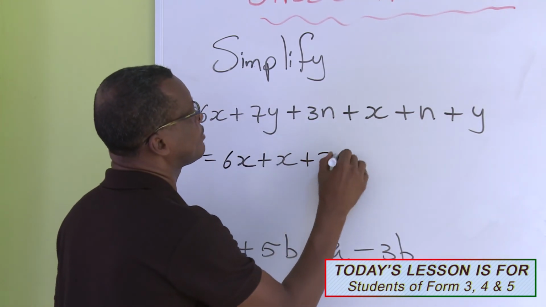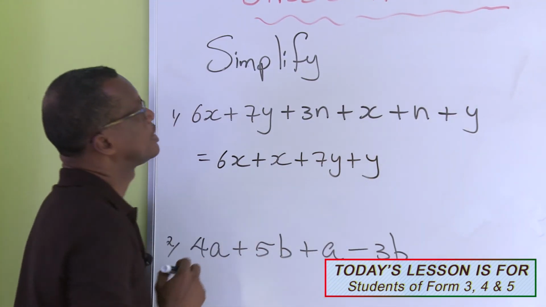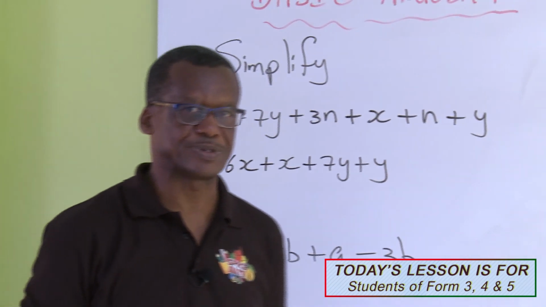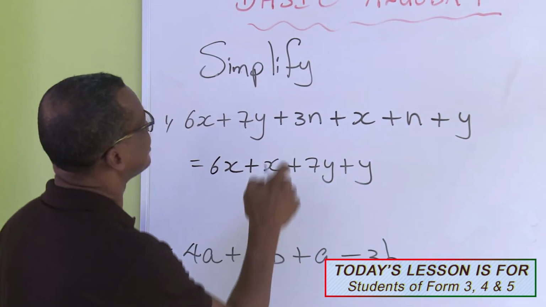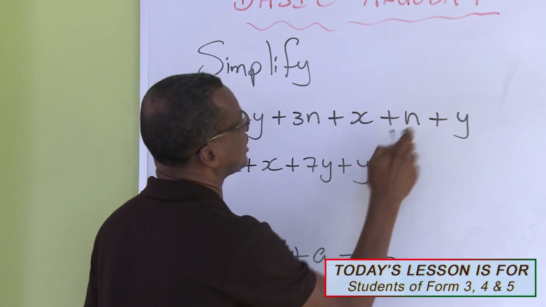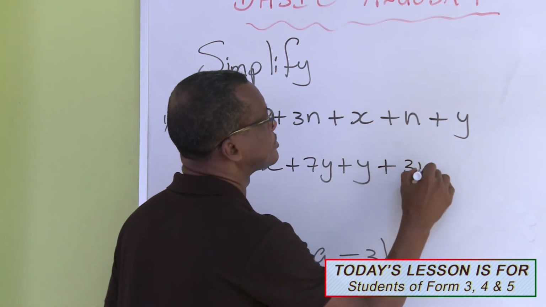So that's plus 7y plus y. Do you see any more like terms? There is plus 3n and plus n. So you write them down.